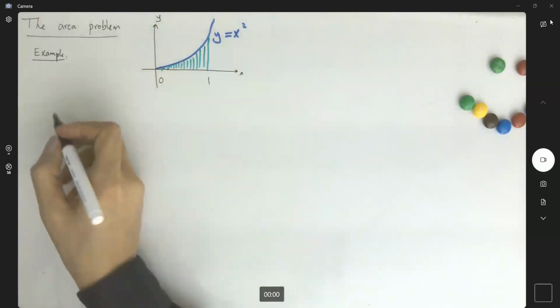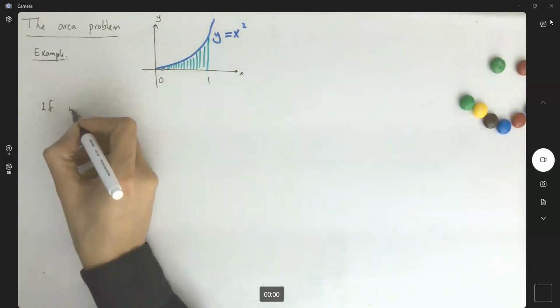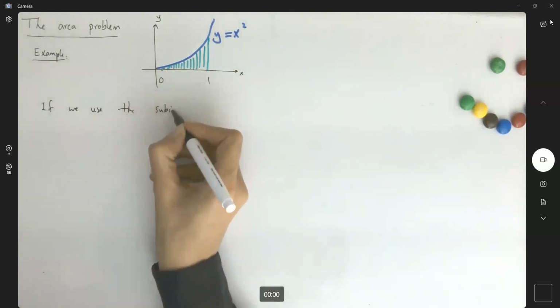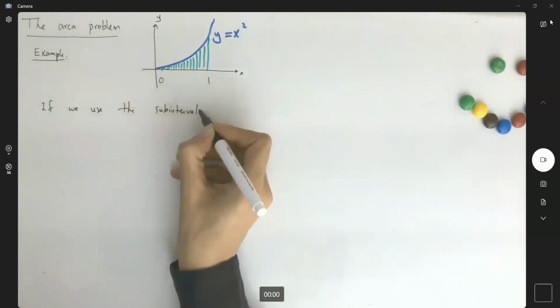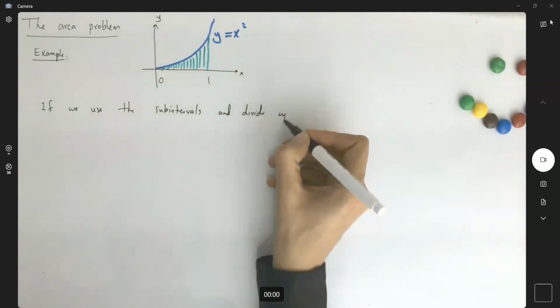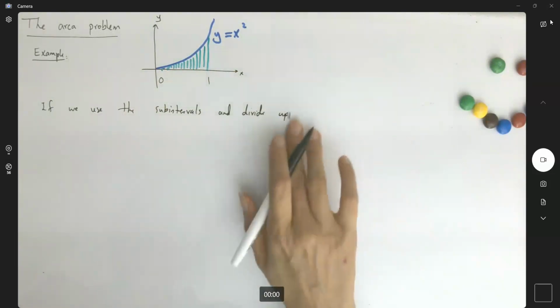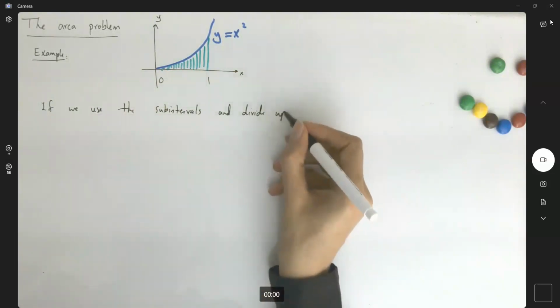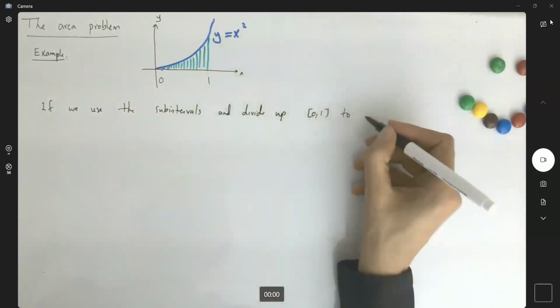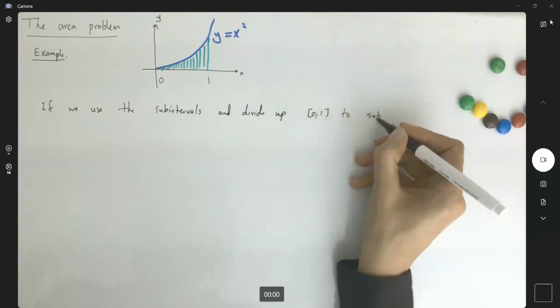Remember that if we use the sub-intervals and divide up the interval 0 to 1 to sub-intervals.